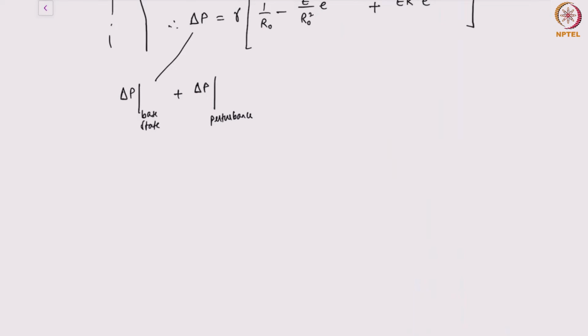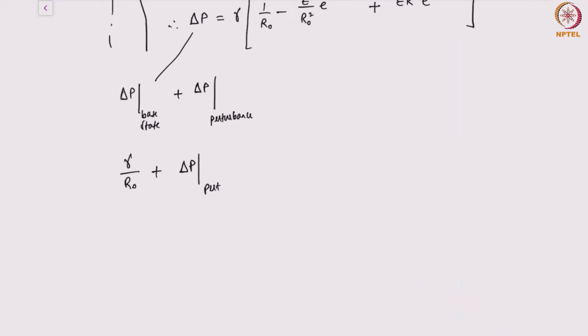The base state pressure jump will simply be gamma by R naught, because the pressure inside is gamma by R naught more than outside, because there's only one curvature. It's flat in the axial direction, and in the theta direction it has a curvature of 1 by R naught. So this we have plus a delta P perturbation. I'll just write it in shorthand notation.